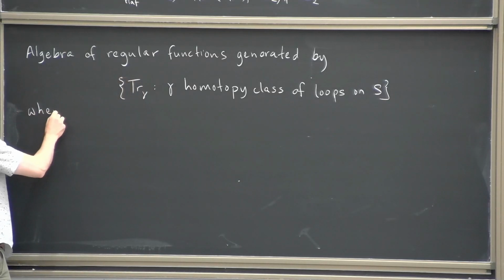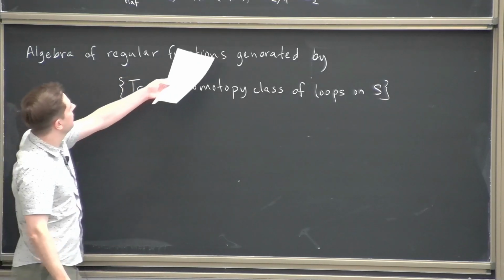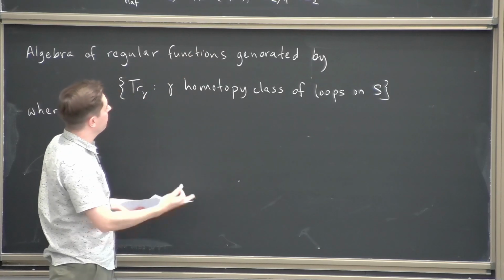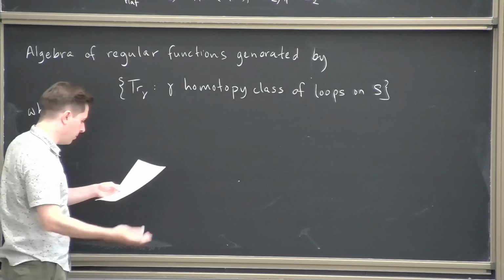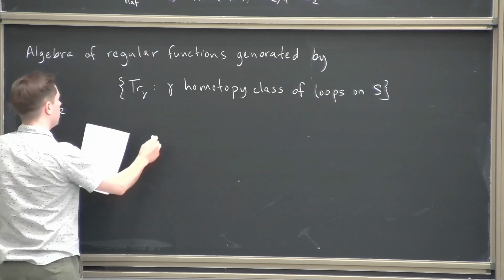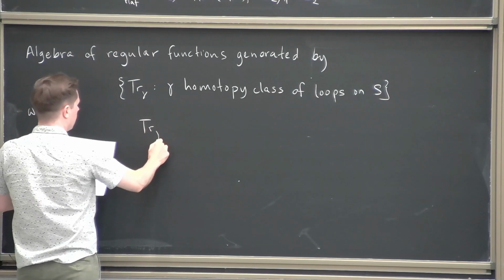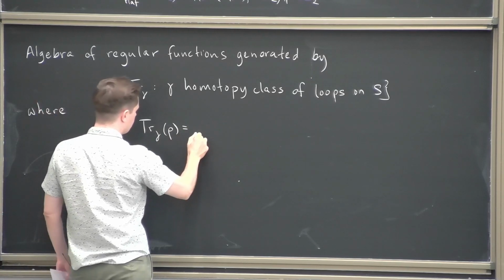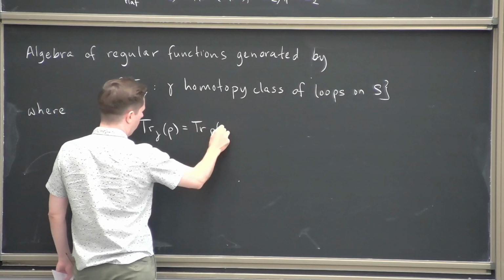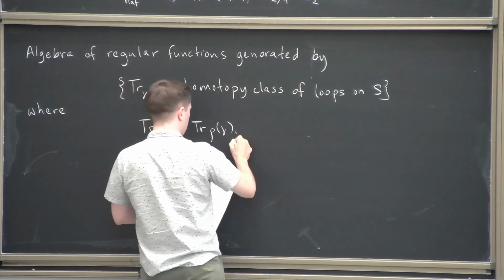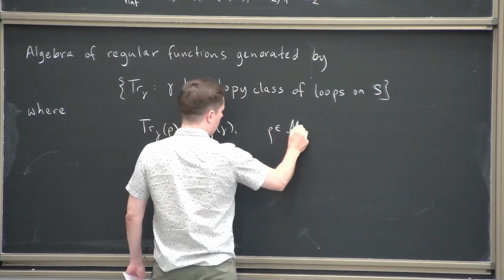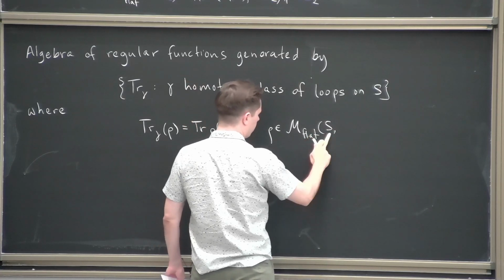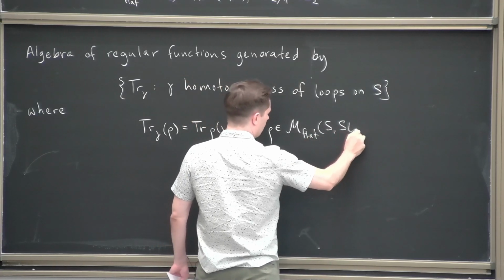If we take a point in here, which is given by a representation of the fundamental group, a homomorphism into SL2, we evaluate this function on a point rho, and it gives us the trace of rho of gamma. So here rho is a point of the character variety given by a representation of the fundamental group of S into SL2.